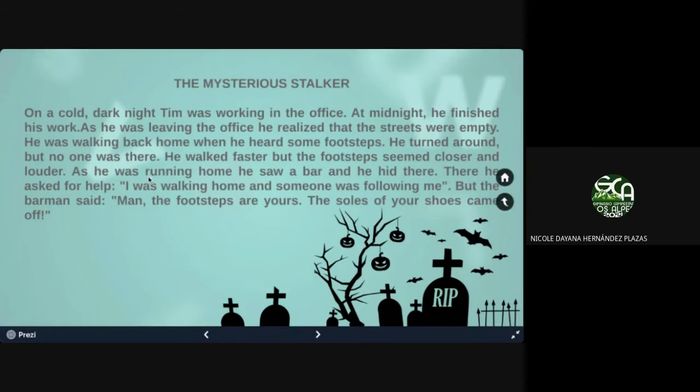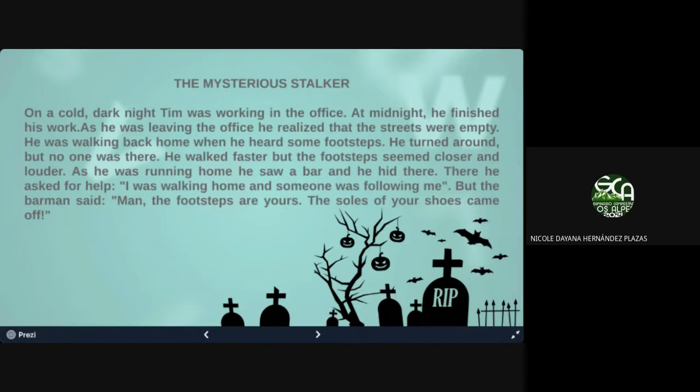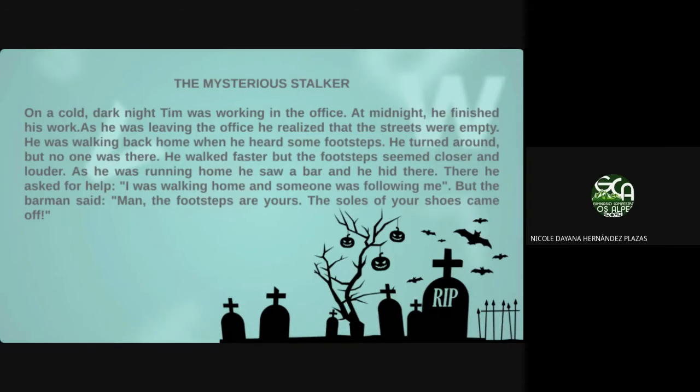Let's continue. There he asked for help. Simple. I was walking home and someone was following me. Guys, simple or continuous? Continuous. I was walking home and someone was following me. Can you see? So what happened?